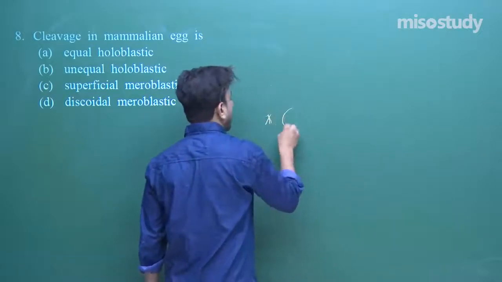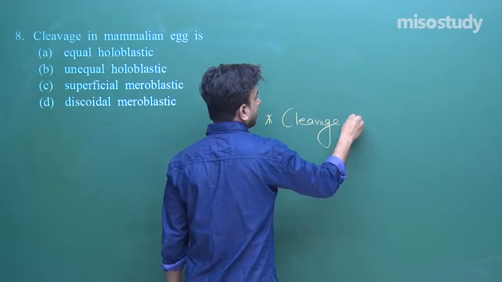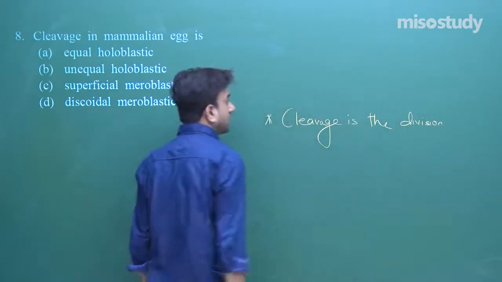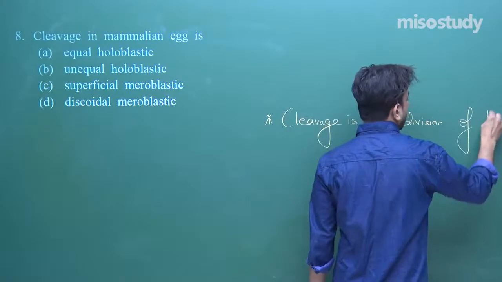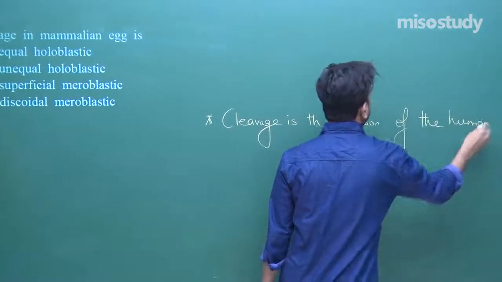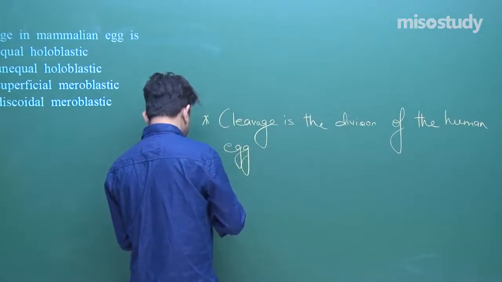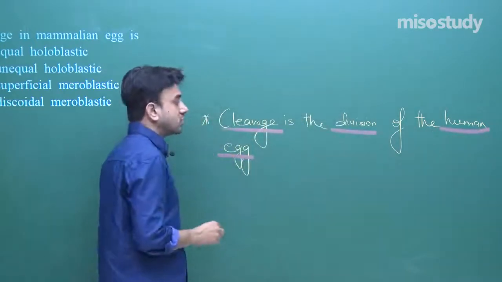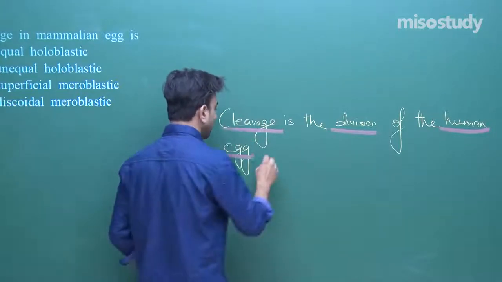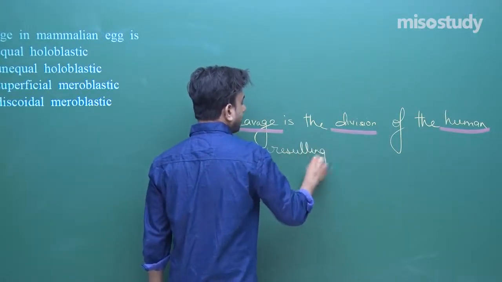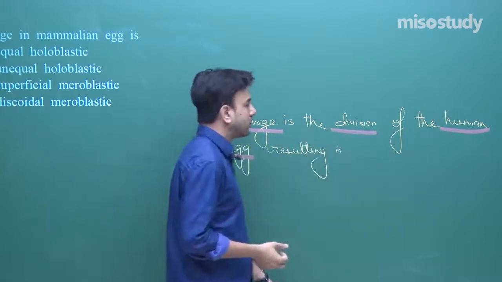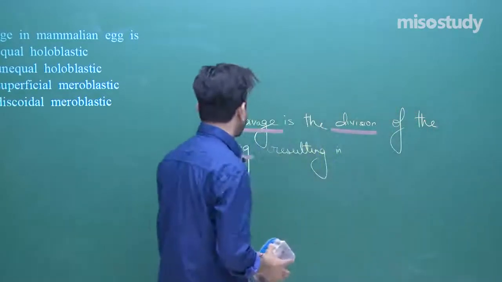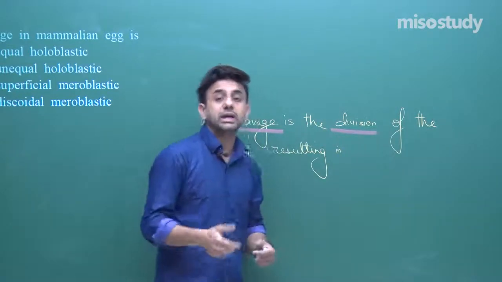So cleavage is the division of the egg, not exactly the human egg, resulting in further growth.